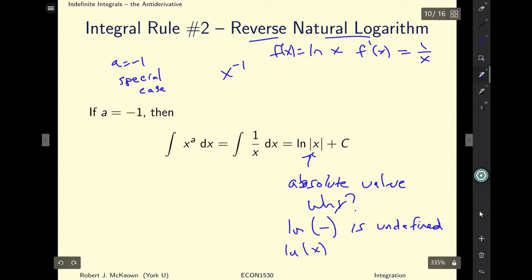If we have log of x, x must be greater than 0, and it can't be equal to 0 either. I should also add that log of 0 is undefined.